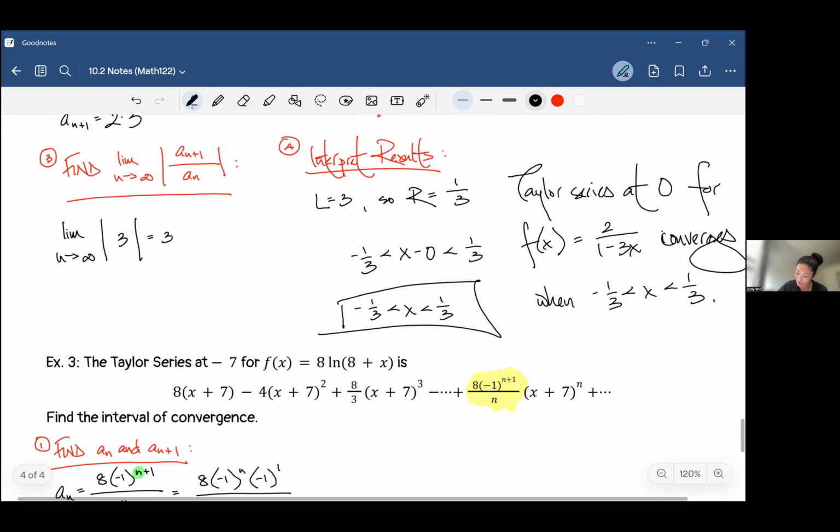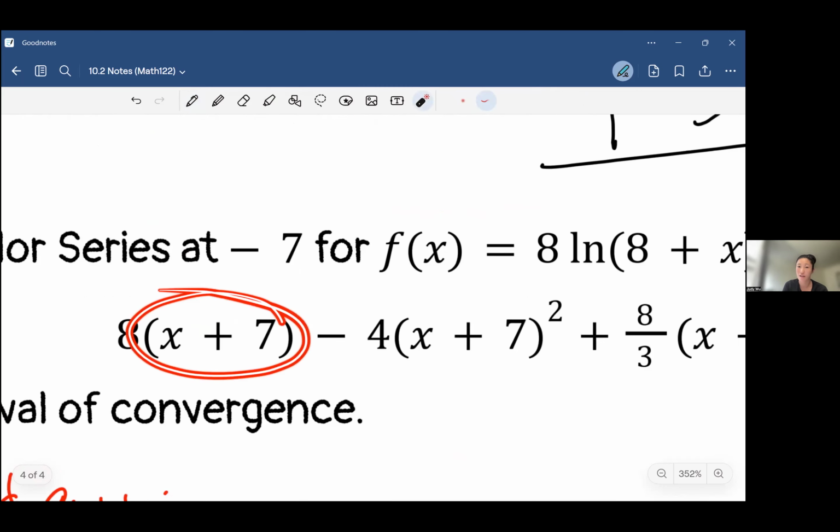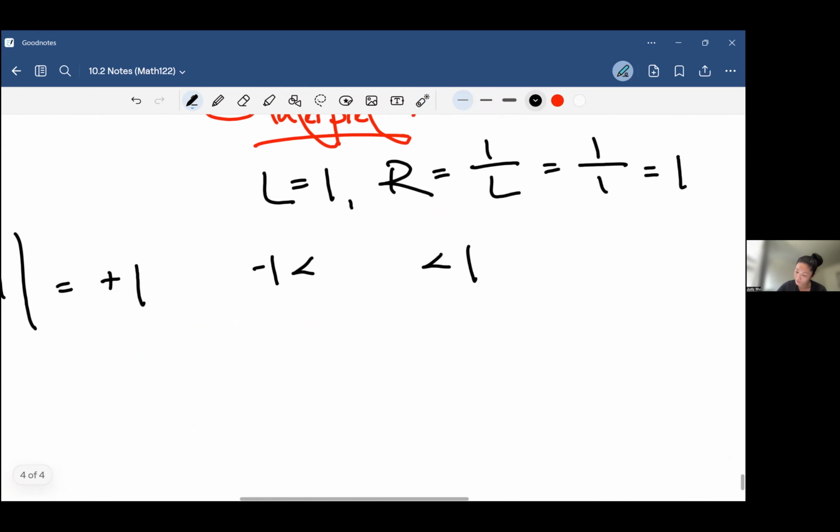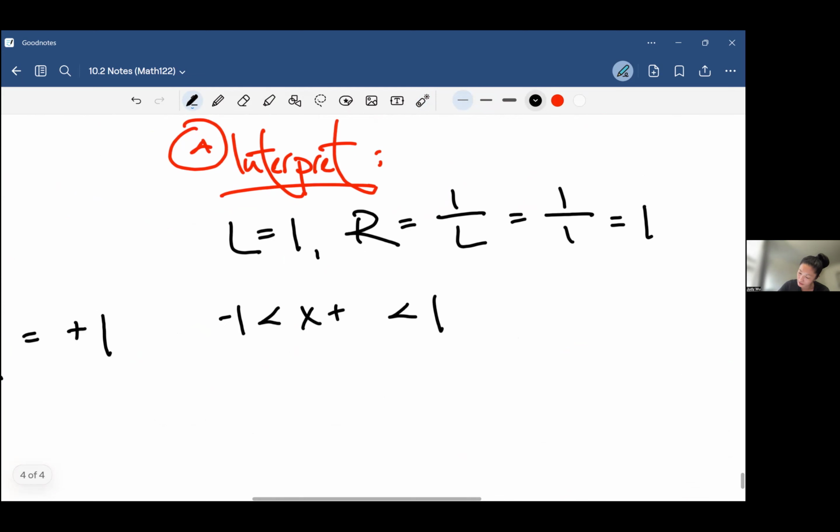It's actually going to be our x plus 7. Okay, because we're trying to find the Taylor series at negative 7, so x minus negative 7 is plus 7. All right, x plus 7. All right, now this is really two different inequalities. I'm going to subtract 7 from both ends. Negative 1 minus 7 is negative 8, and 1 minus 7 is negative 6.